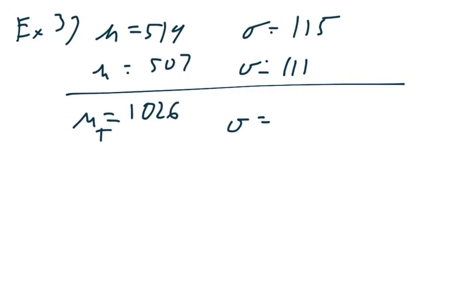For the standard deviation, I'm going to square root 111 squared plus 115 squared. Actually, I probably should have put 115 squared first, but that's okay. So the square root of 111 squared plus 115 squared is 159.83.